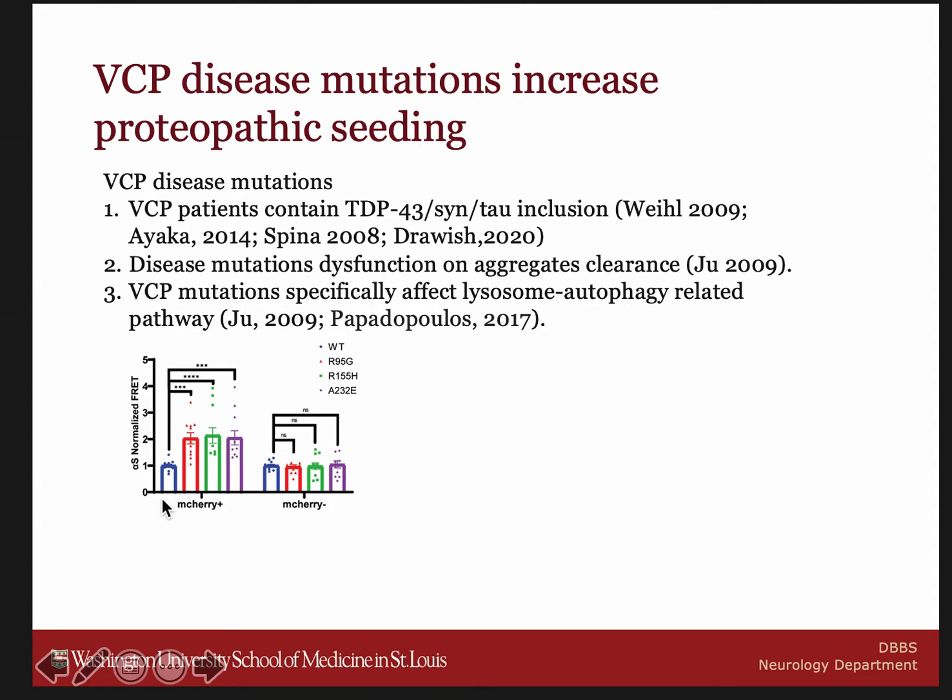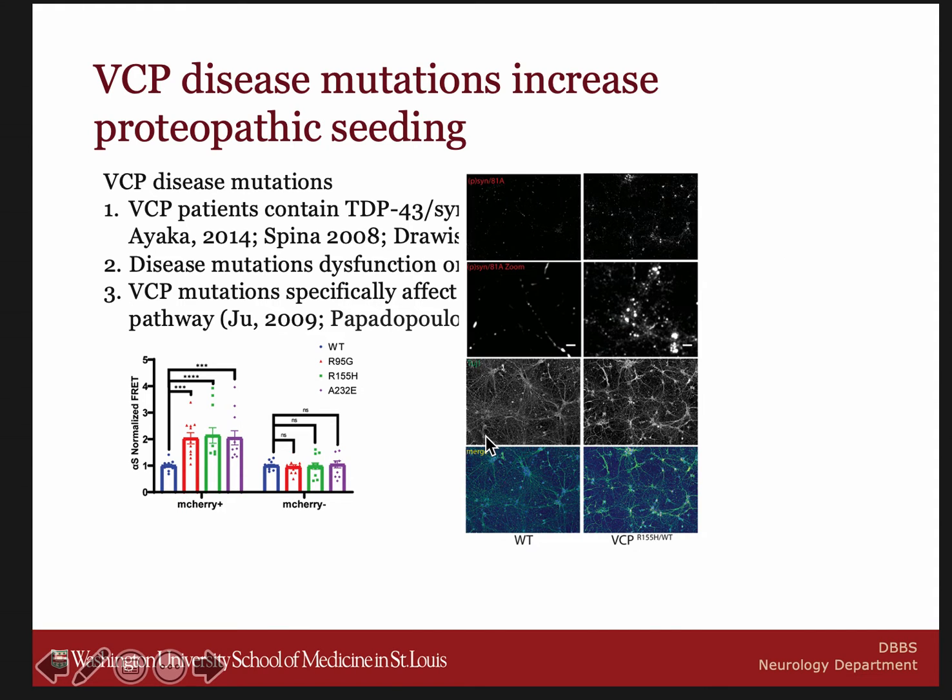We can see in the alpha-synuclein cells that overexpress different VCP vectors, the VCP disease mutation vectors significantly increase alpha-synuclein seeding compared with the wild-type overexpressing cells. This effect is also seen in the hippocampal neuron culture, which has the VCP R155 mutation.